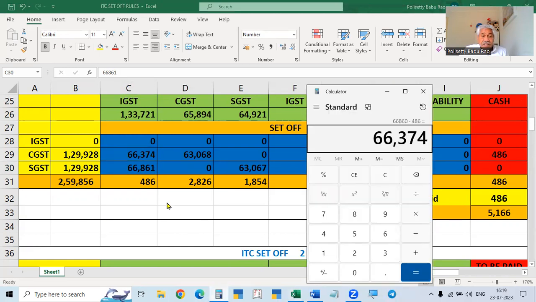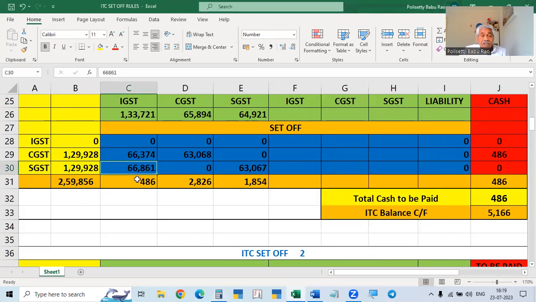And in this one, in this case, it is reduced. Here you have to increase. If you increase it, this will be less.